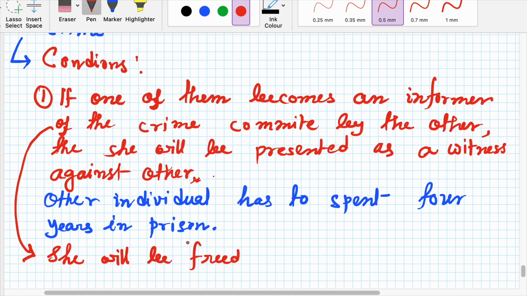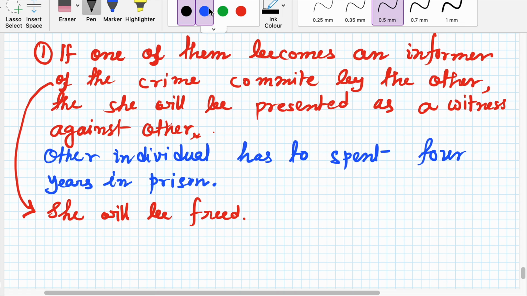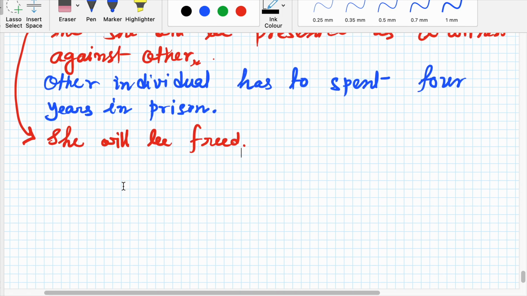Since he acts as a witness against the other, he will go free. This is given by the court as a prize. Now if you think about the situation, we can express it in terms of a game, given these conditions provided before them.